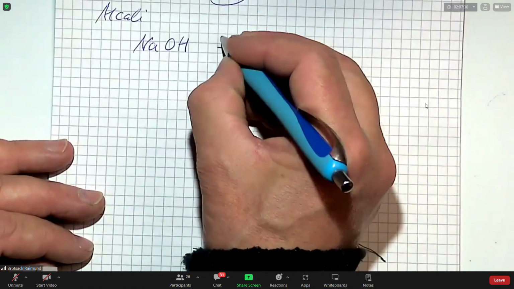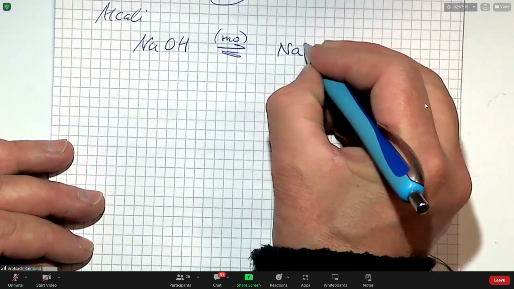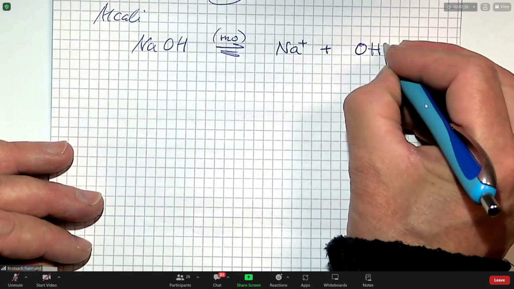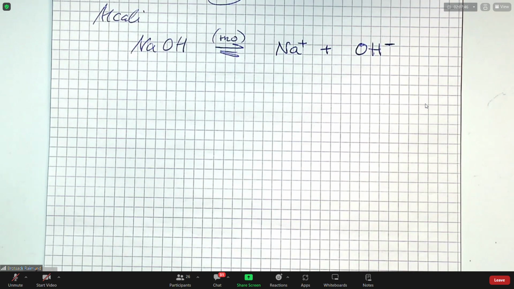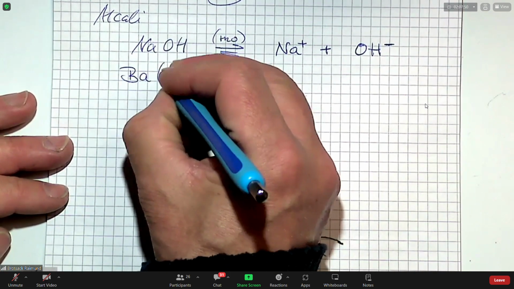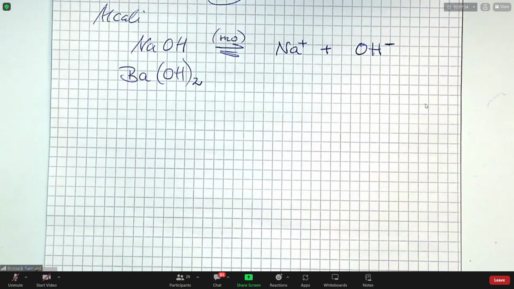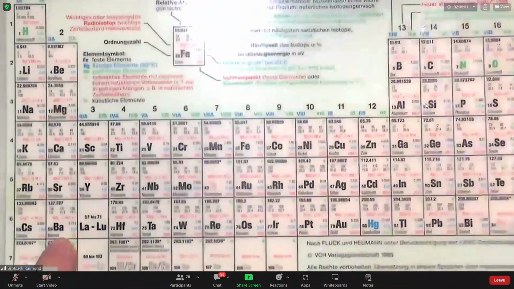In water, we have the formation of sodium plus ions and the hydroxide anion, OH minus. Another one can be the barium hydroxide. Now we need two OH because barium, if you look at the periodic table, is in the second column.